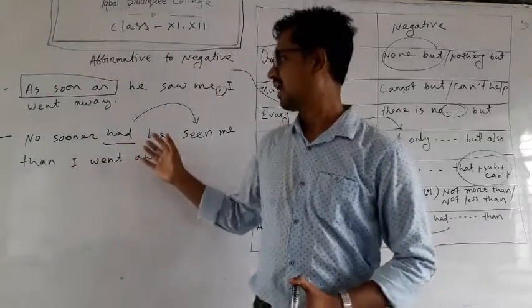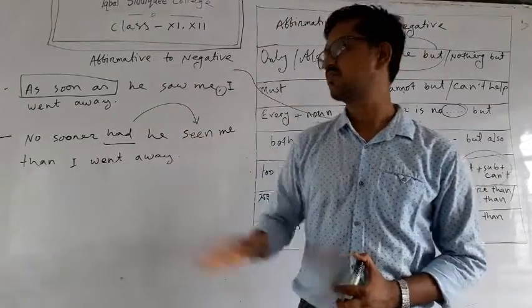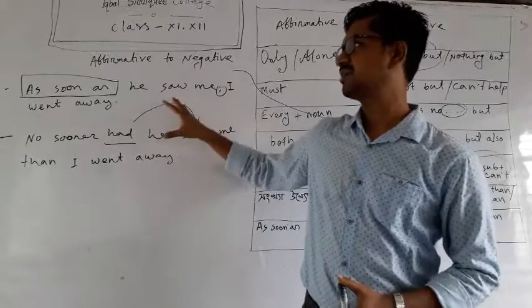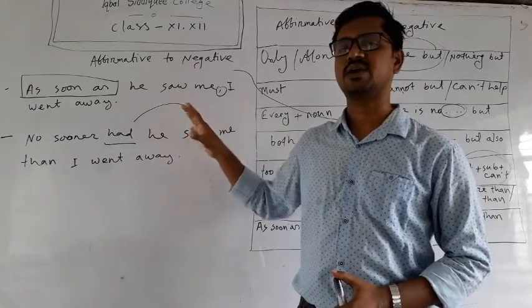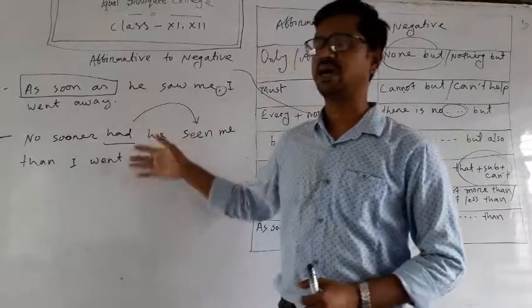This has become a negative sentence, and it was the affirmative of this negative sentence. The meaning of the sentence is the same, but the types are not the same. They are totally different, the affirmative and negative.